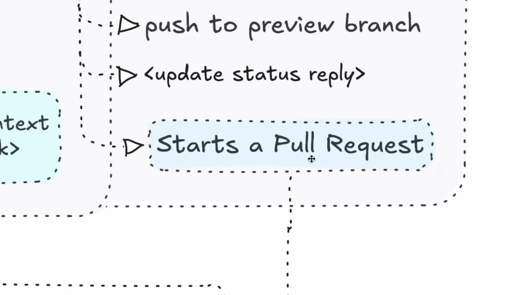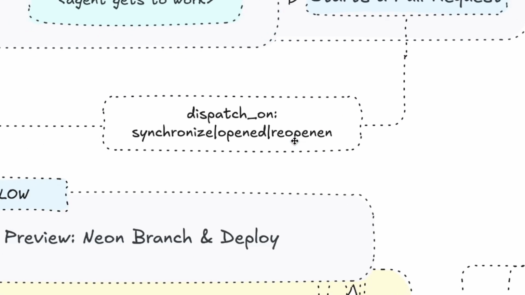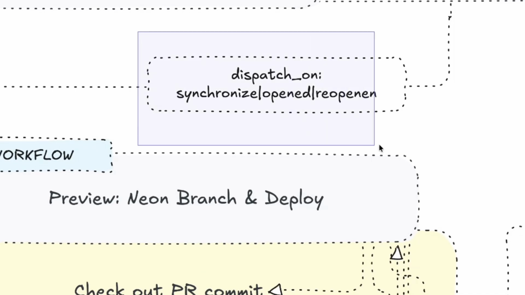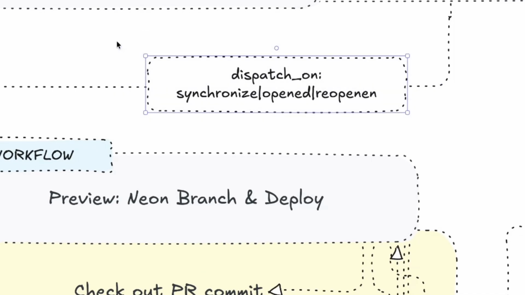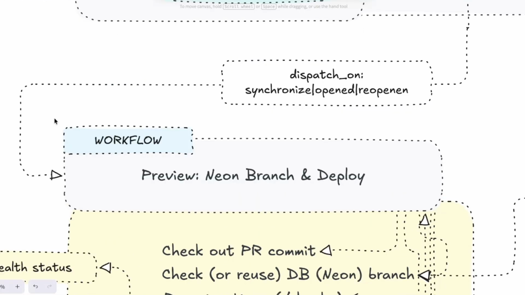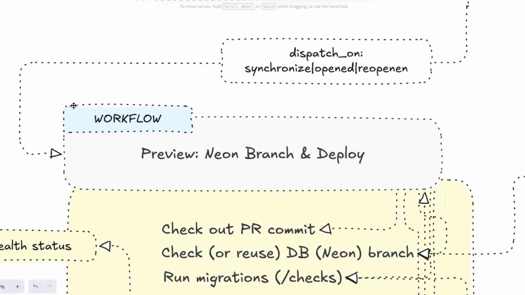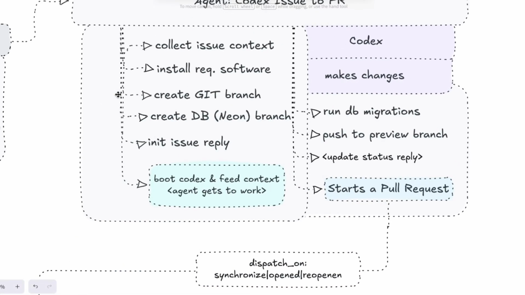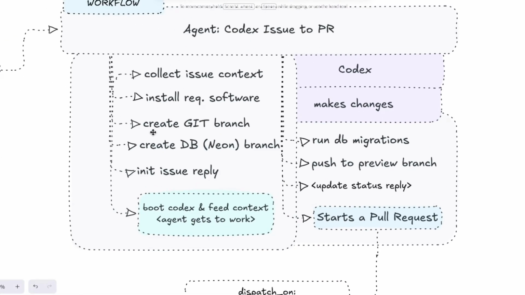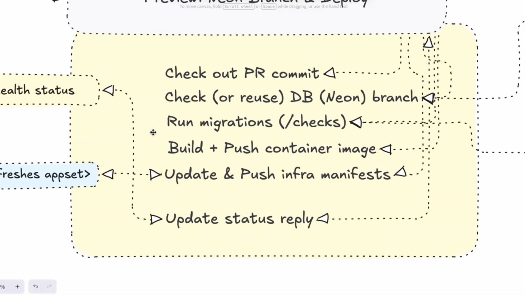Then a pull request is being created, which happens through the dispatch trigger, and the second GitHub workflow takes place, which essentially does most of the things that the first workflow does, but with the intention to deploy the changes.